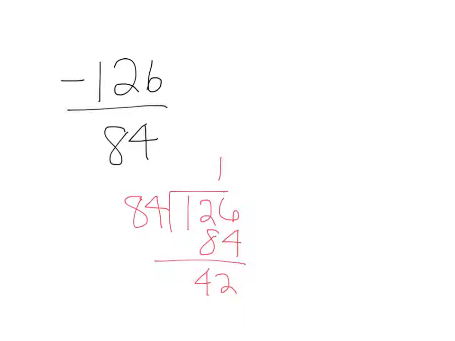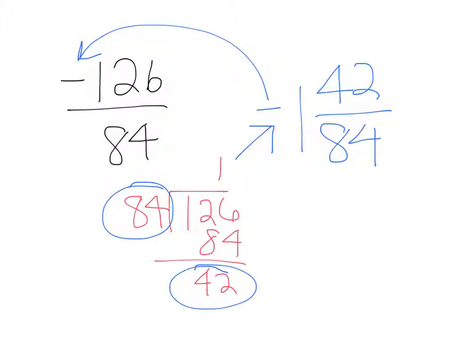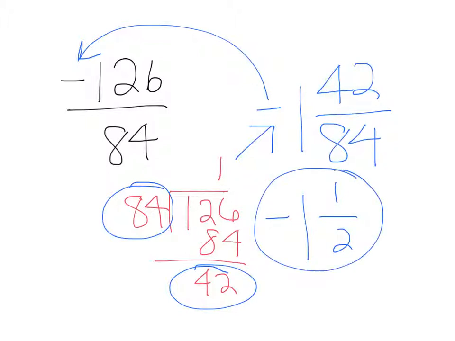So instead of adding a decimal point here, your 1 is your whole number, the remainder is your numerator, and the number that you were dividing by is your denominator. So now you have 1 and 42 over 84, and it's negative because of the negative sign we started with, but now you can simplify the 42 over 84 to the 1/2 to get the answer from the previous slide.